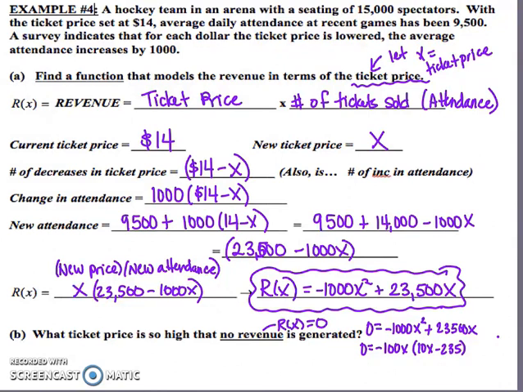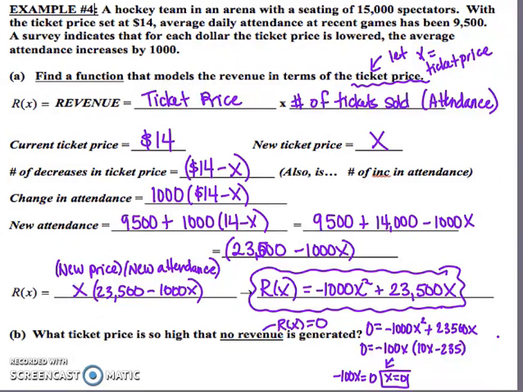So now by the zero product property, we can just solve these. And so this one, negative 100x equals 0. Obviously, that tells us that x equals 0. And that should make sense, right? That if we charge $0, we're going to be making 0 revenue. But the other function is the one that's of more interest.